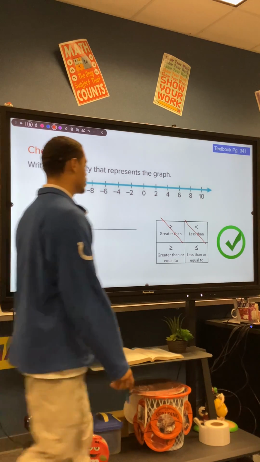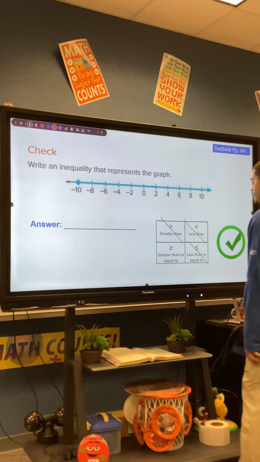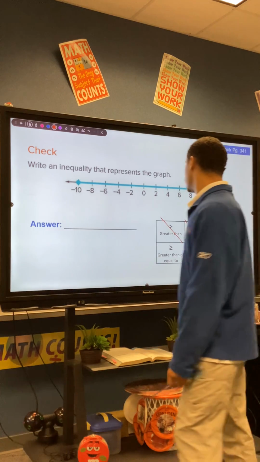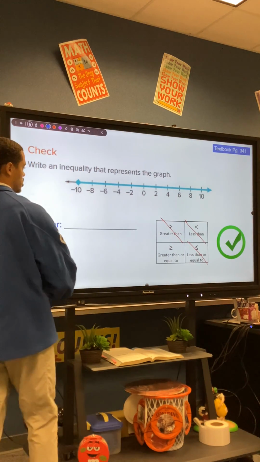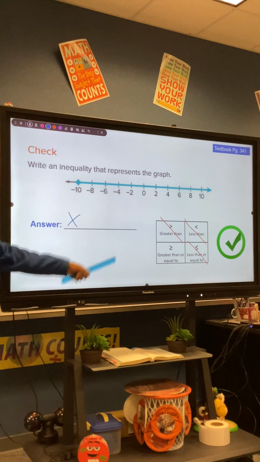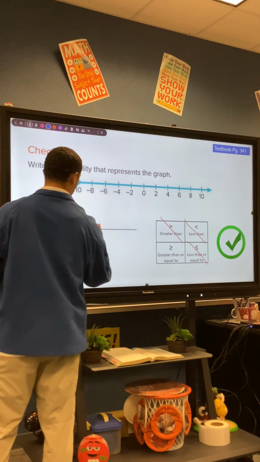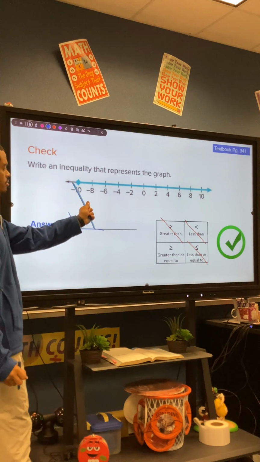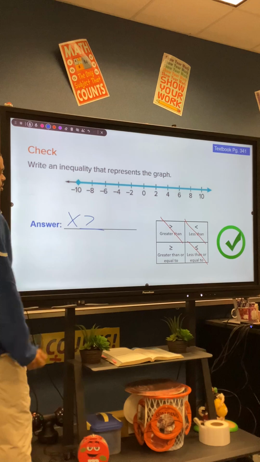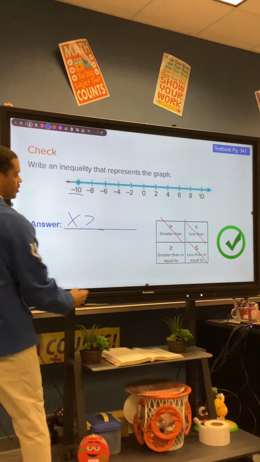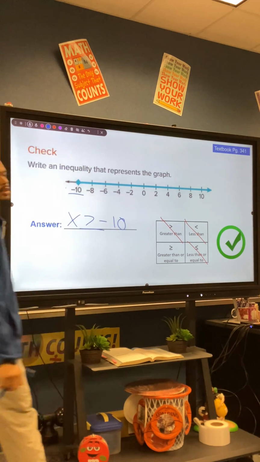So that means I know it can't be less than because the arrow would have been going to the left. So we'll just use x. So x, what's the one solution over there that's not crossed out? So greater than or equal to, and what's this number? 10. Not just 10, but what's in front of it? Negative. Just like that. Perfect.